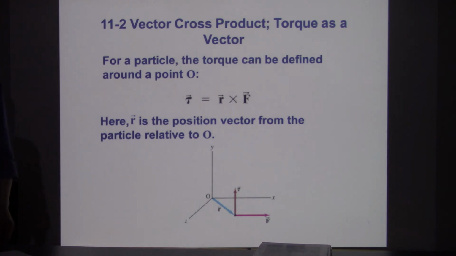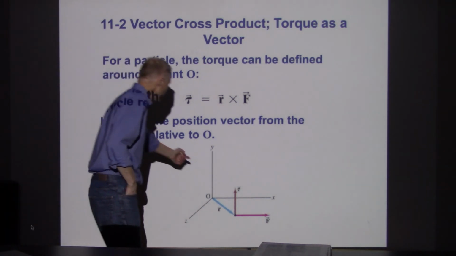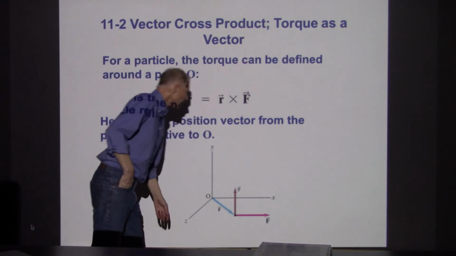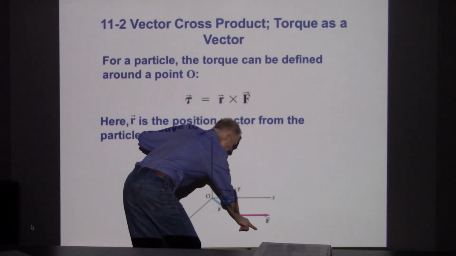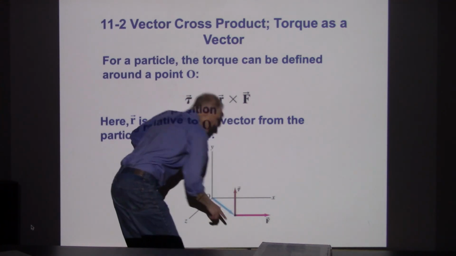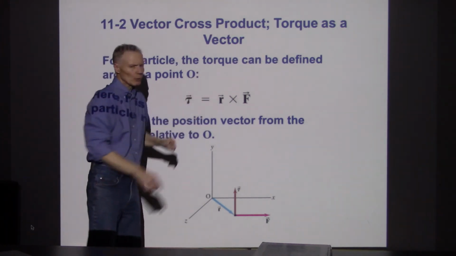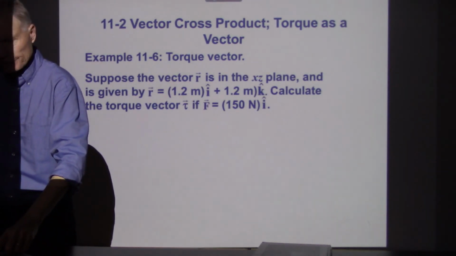So that's the picture. Here's the origin. Here is some kind of a lever vector out to where a force is acting. And again, what I have to do is take the R, move it out so that it's out here where the force is. And then when I look at those two vectors, I can take the angle between them. Again, I guess I should have written that onto the slide.